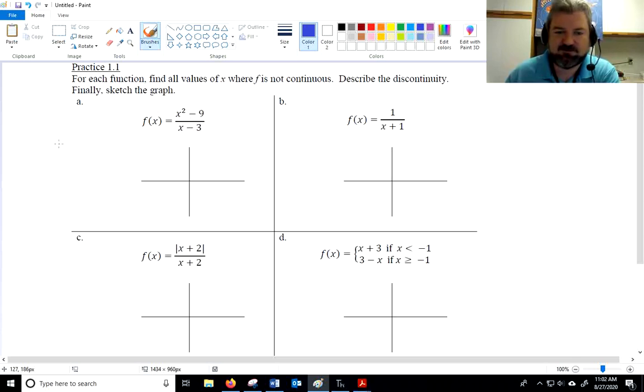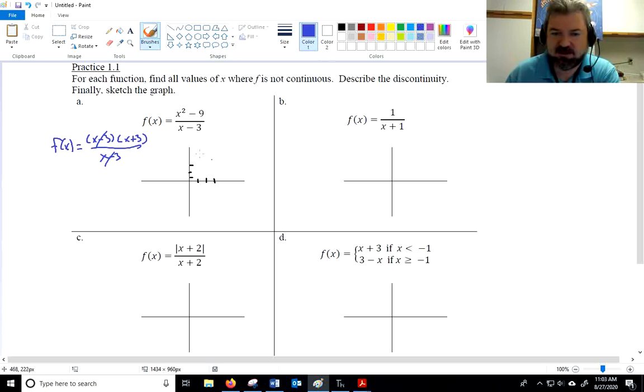Well, I'm going to simplify f of x here and make this x minus 3 times x plus 3. And I'll reduce those there. So really, f of x simplifies to just a line x plus 3, except at 3, because there was an x minus 3 in the original, at 3 you cannot have a value because of the divide by 0.